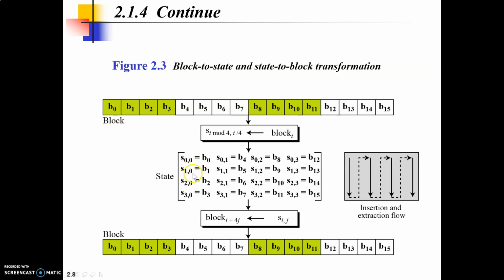Then the second state, that is S10, is going to be B1. Then S20 state is going to be B2. S30 state is going to be B3, and so on until you reach the last byte, which is B15. So in this way we are going to convert our block into state.